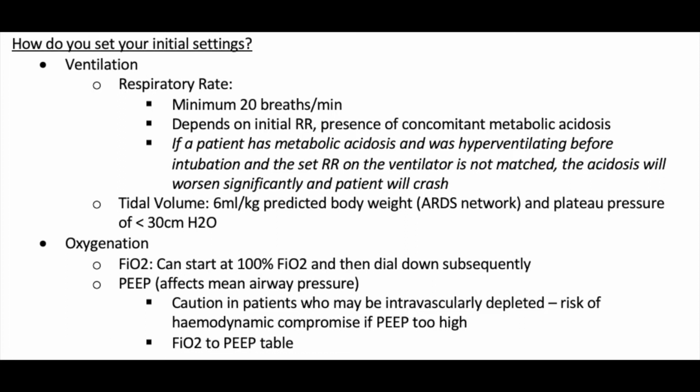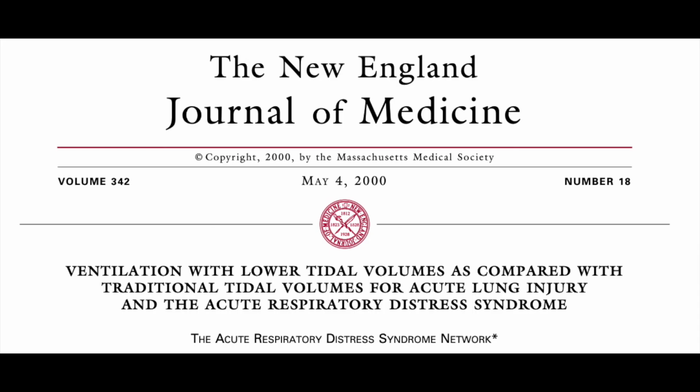And then I go on to tidal volumes. The very famous study from the ARDS Network, published more than 2 decades ago, it's called the ARMA trial, has shown us that prevention of volume trauma by limiting the tidal volume to 6 mLs per kg predicted body weight, as well as prevention of barotrauma by limiting the plateau pressure, plateau pressure is just the end inspiratory pressure of the alveoli, to less than 30 cm H2O, can reduce mortality.